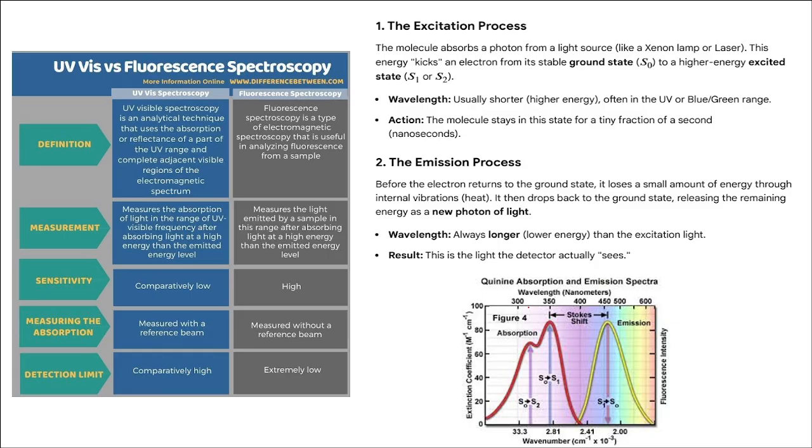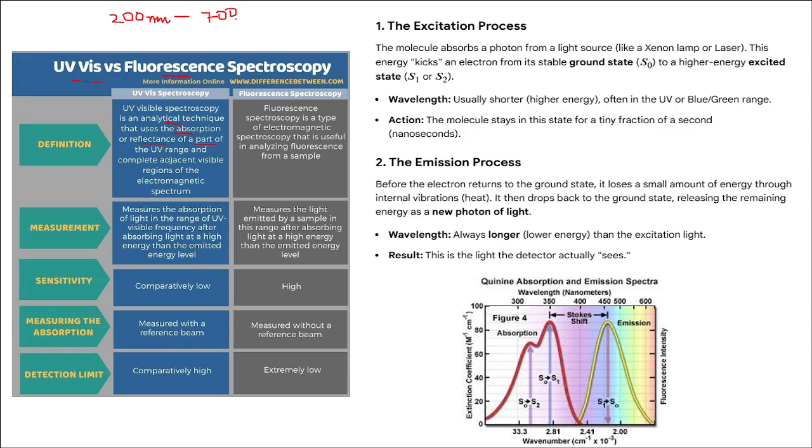Now let's delve deeper into it. When we talk about UV-visible versus fluorescence spectroscopy, UV-Vis spectroscopy is an analytical technique that uses the absorption or reflectance of a part of the UV range. Suppose we are supplying light from 200 nanometers. Nowadays, it's not just limited to the visible range, up to 700, 750 or 800.